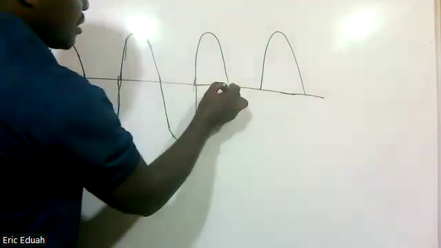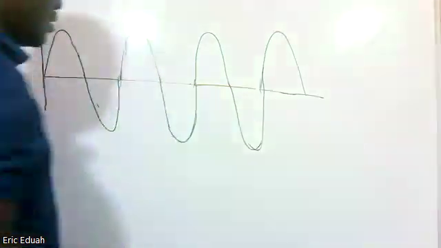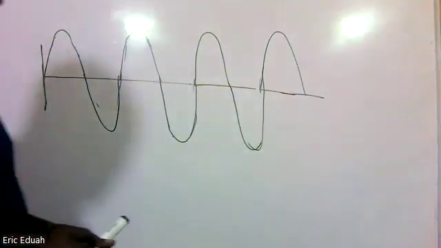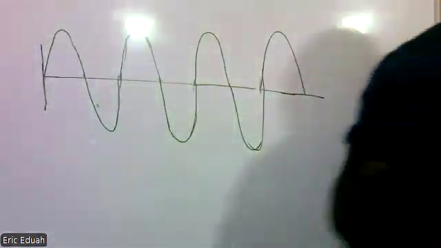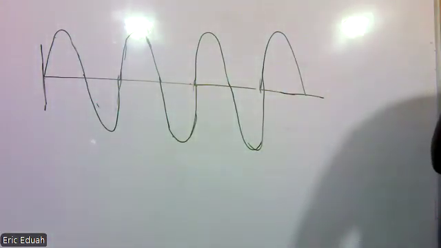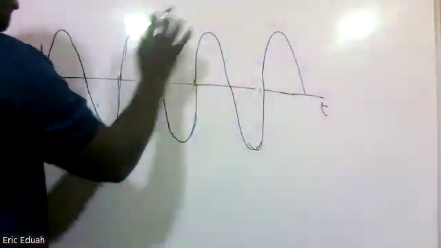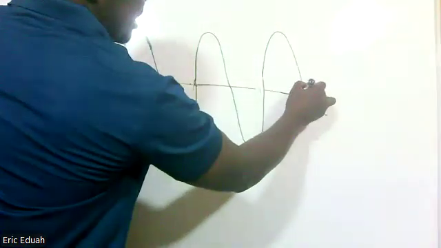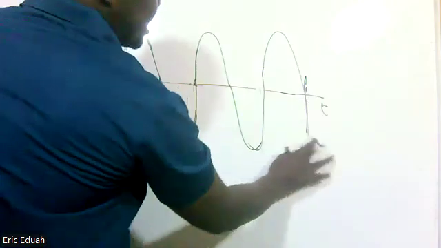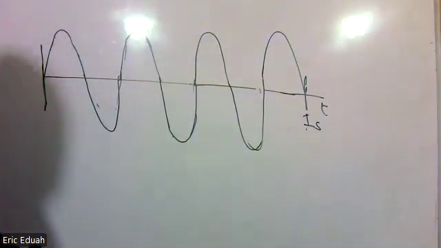So this is actually the wave profile. It takes 4 crests of waves to cross a given point in 1 second. So it means the time taken for the formation of these 4 crests must go with 1 second. That's what it means.